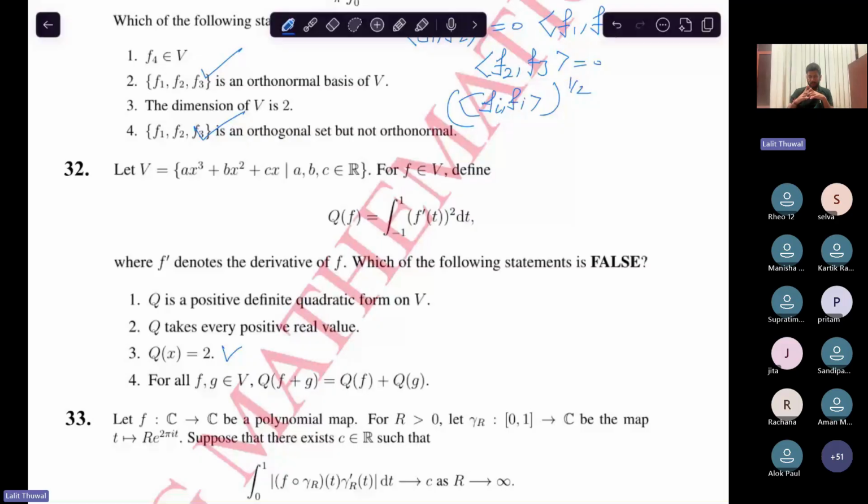That's easy to find, so it is a true option. And this is also true that Q takes every positive real value. So why?